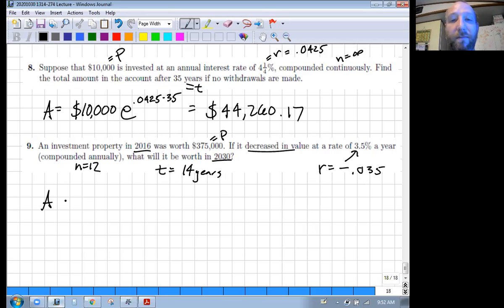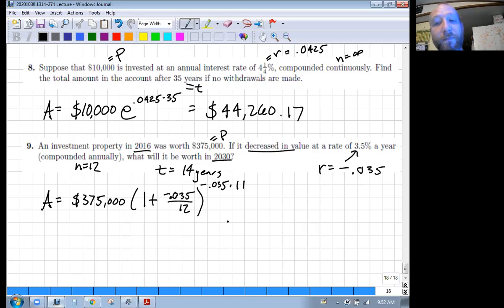So the amount is 375,000 times 1 plus a negative 0.035 over 12, to the 12 times 14.